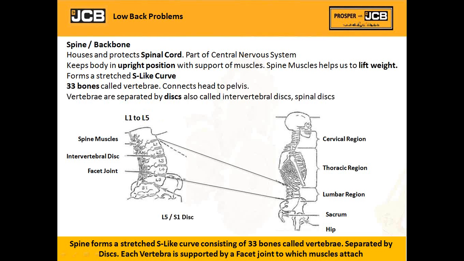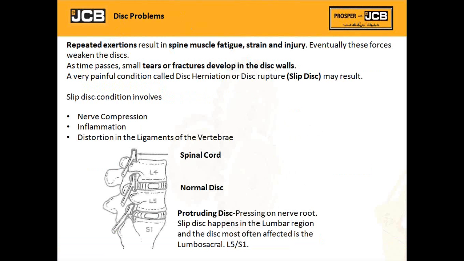So it is very very important to understand the structure of the backbone and how the low back problems are caused. Now, when persons are repeatedly bending and repeatedly lifting weight, ultimately these forces eventually weaken the disc.